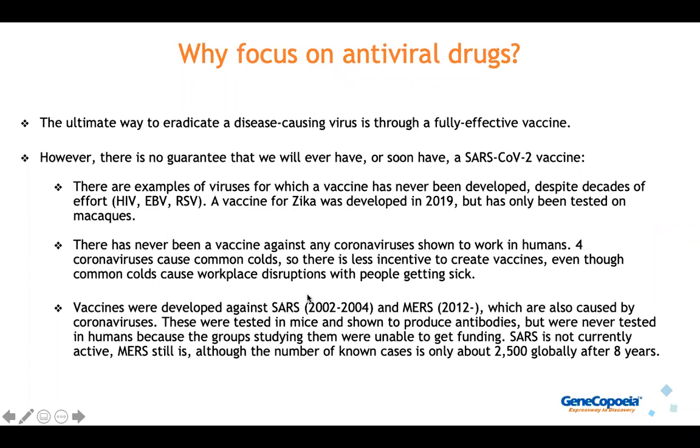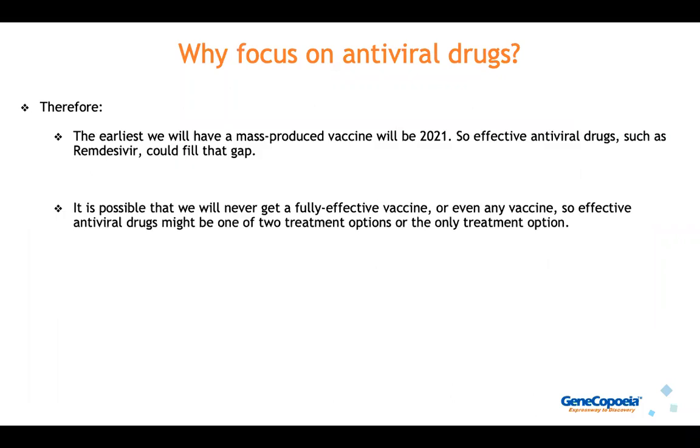Because of that, it would be very useful to focus on antiviral drugs to, at the very least, bridge the gap between having no treatments and the time when we get a safe and effective vaccine. In fact, it seems likely now that we will not have a mass-produced vaccine until at least early next year. So effective antiviral drugs such as remdesivir and others could fill that gap.